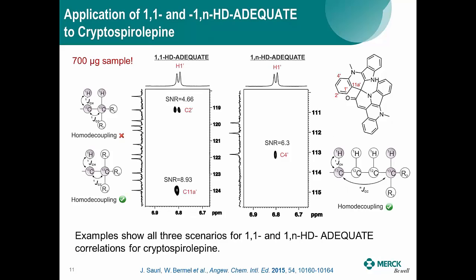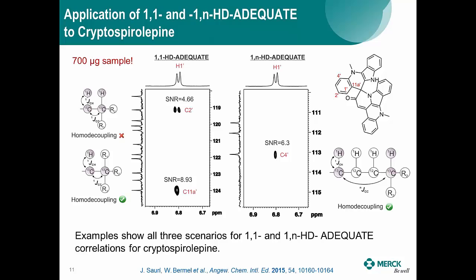So here are the results of the 1,1-ADEQUATE and 1,n-ADEQUATE when applied to cryptospirolepine. I'm basically showing the two possible scenarios again for the 1,1-ADEQUATE and the 1,n-ADEQUATE, but here in the real case instead of using ibuprofen.